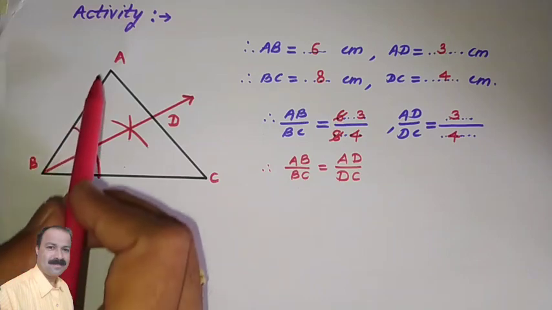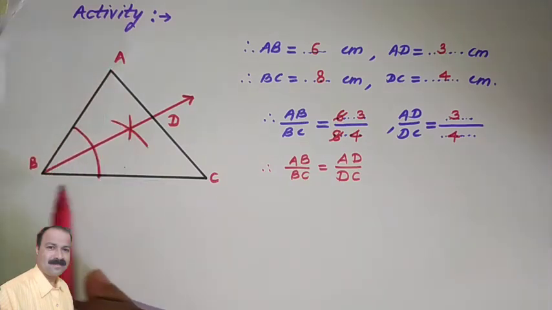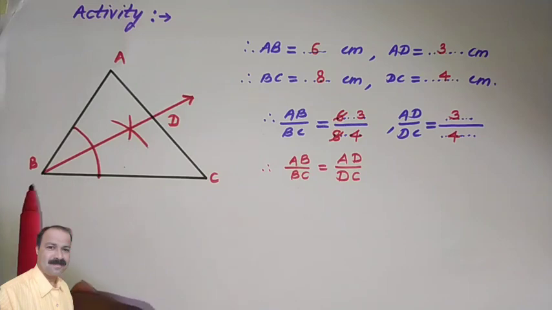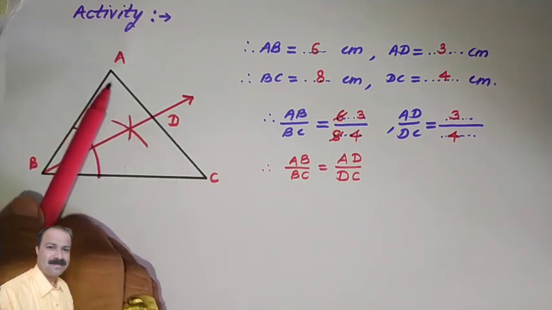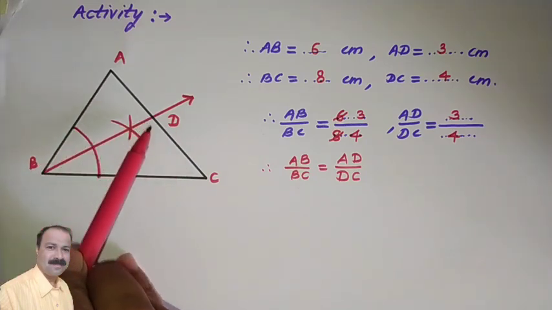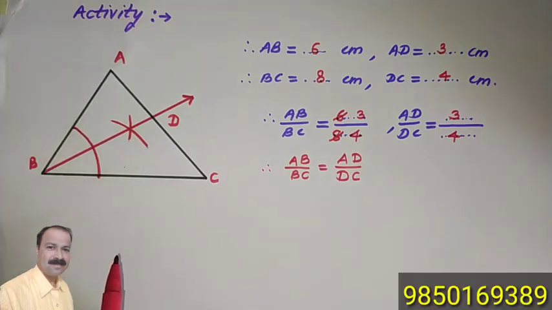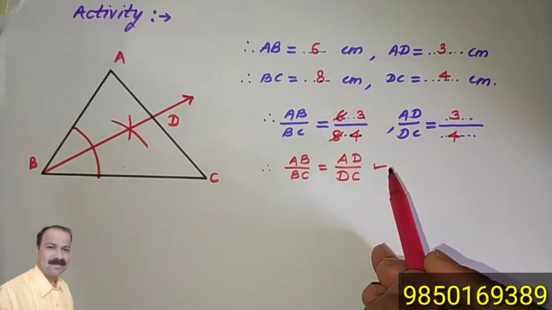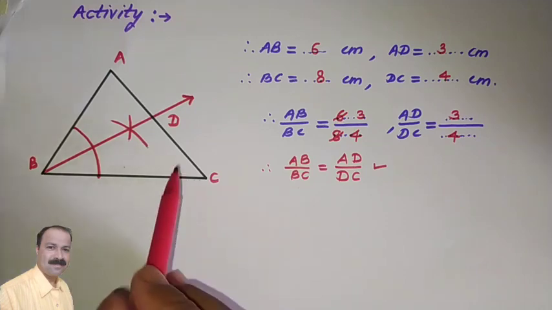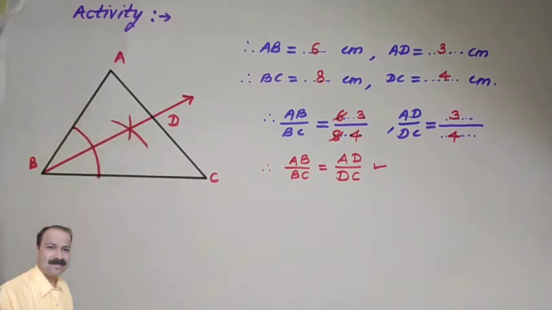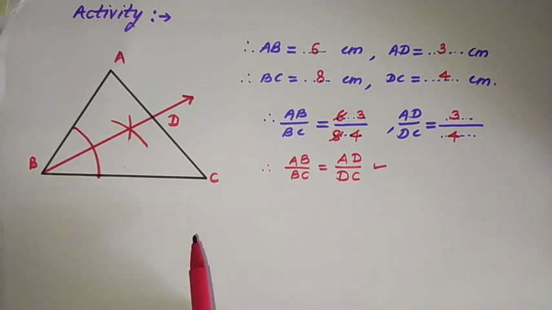The ratio of the remaining sides, AB upon BC, and the bisected angle dividing the side into two parts, AD upon DC, you will find that both the ratios are almost equal. Bisect the remaining angles A and C of the triangle and find the ratios. You can verify that the ratios are equal.